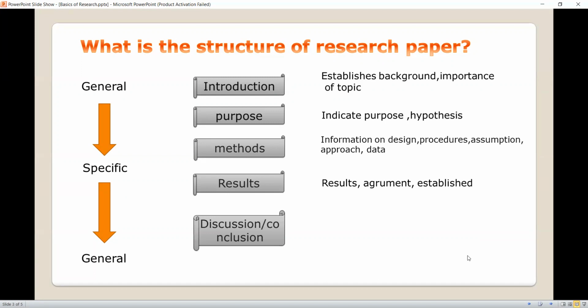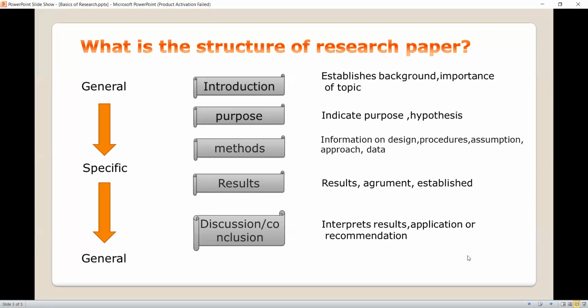That is the discussion and the conclusion, and it is going to interpret or extend the results, draw inferences, and point out applications or recommendations. So the discussion and the conclusion go from very specific to the general. So this is how the structure of the research paper is.